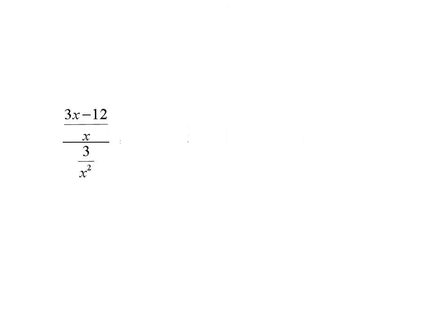So first of all, here's the numerator, except I have factored the 3x minus 12. Now the 3 over x squared we flip upside down in order to make our multiplication problem. And again, I factored the x squared.